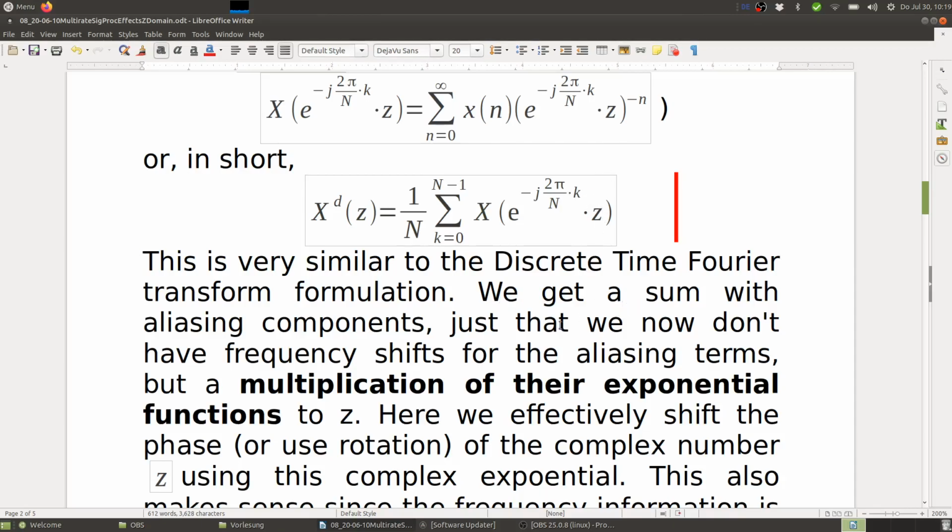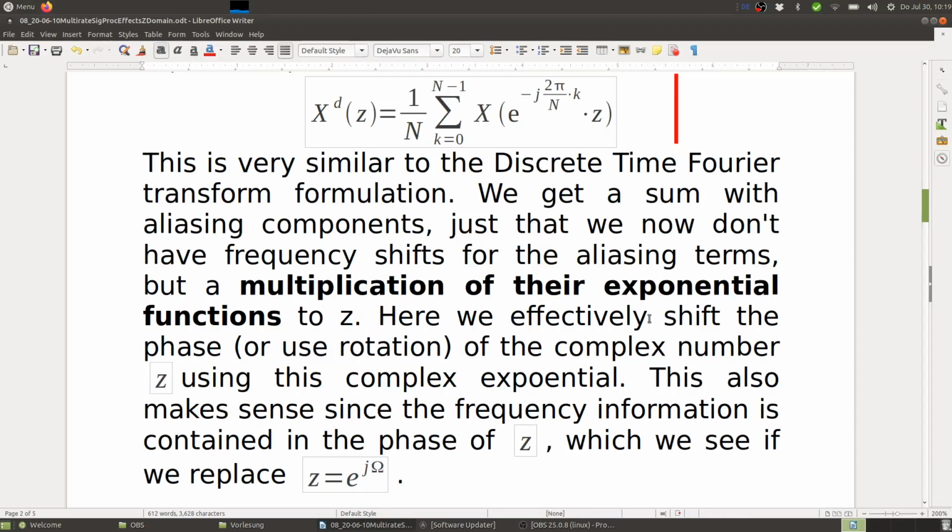Yeah, so we get a sum with alias components, just that we now don't have frequency shift or aliasing terms by multiplication, but a multiplication of the exponential functions to z. Here we effectively shift the phase or use rotation of the complex number z using this complex exponential.